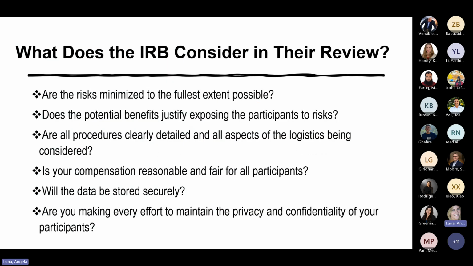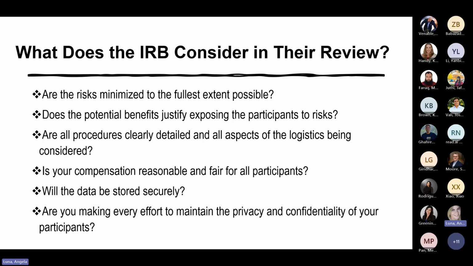So what does the IRB consider in their review when looking at your application? We're going to make sure that all of the risks are minimized to the fullest extent possible, and whether the benefits that are listed justify exposing the participants to the listed risks. We need to see all of the procedures and ensure that they are clearly detailed in both the application and the consent form, and that all aspects of the logistics have been considered.